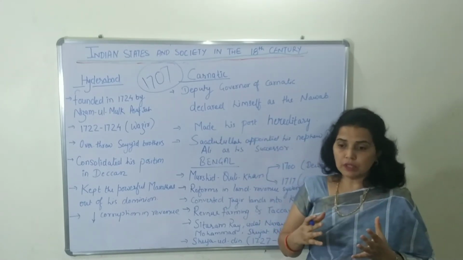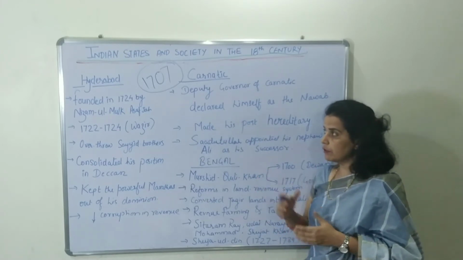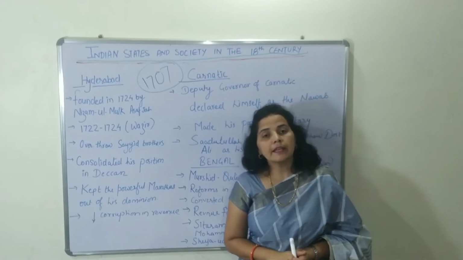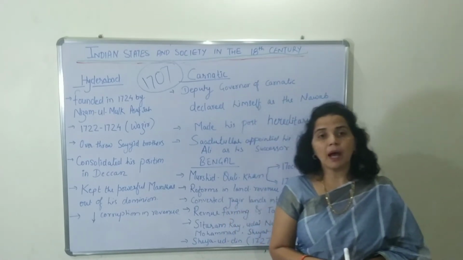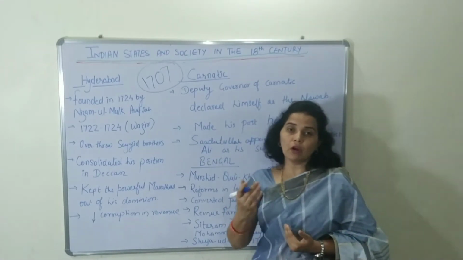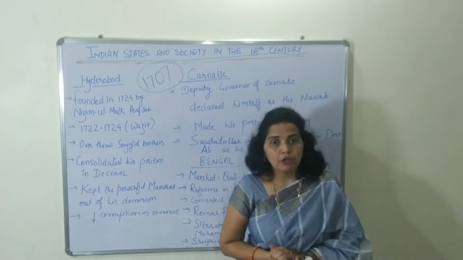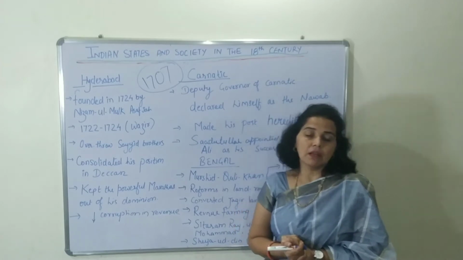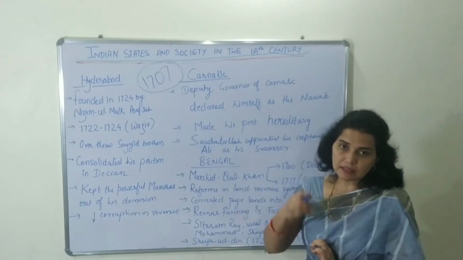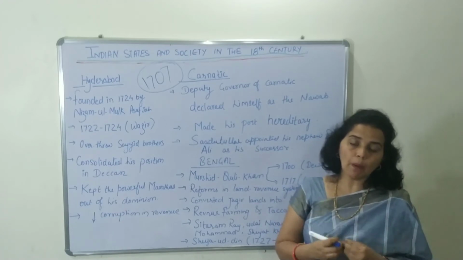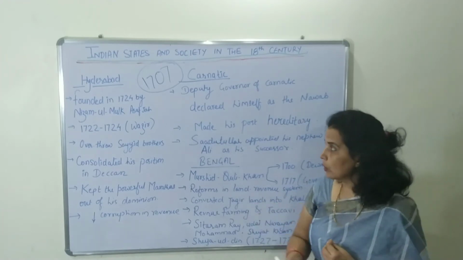So many states you will see, like the state of Hyderabad, the state of Mysore, Awadh, Bengal, or the Maratha kingdom. They started rising, and started strengthening themselves economically, politically, and in other ways also.